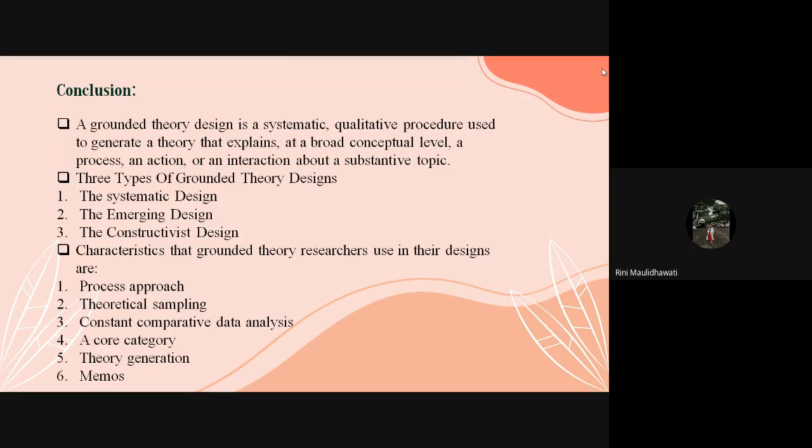The second is the emerging design. The third is the constructivism design. The characteristics that grounded theory researchers use in their design are: 1. process approach, 2. theoretical sampling, 3. constant comparative data analysis, 4. a core category, 5. theory generation, 6. memos. Next, please.